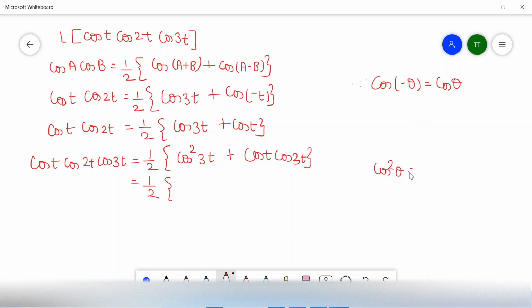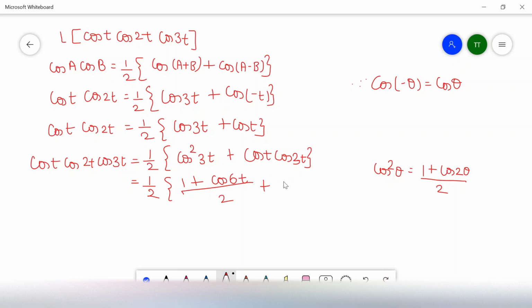Okay, so cos square theta is (1 plus cos 2 theta) divided by 2. So we write 1 plus cos 2 theta; here we have 3t, so it will become (1 plus cos 6t) divided by 2 plus cos t cos 3t.